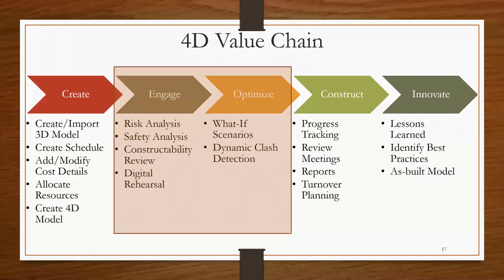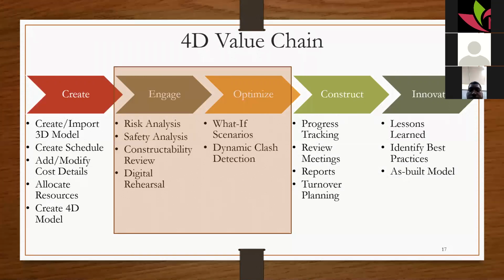At this stage also, you begin to do your dynamic clash checks. So we've basically highlighted the two stages, engage and optimize, because we think that is where a lot of value is on the project.